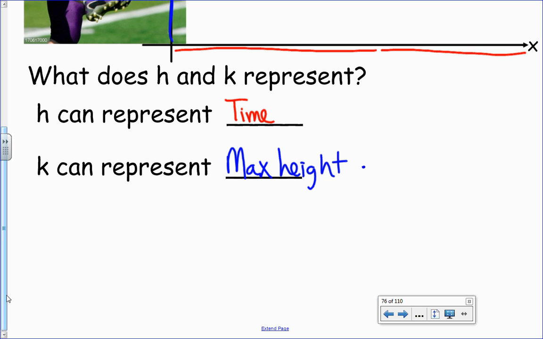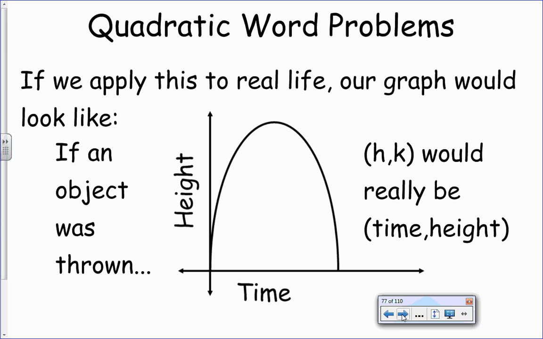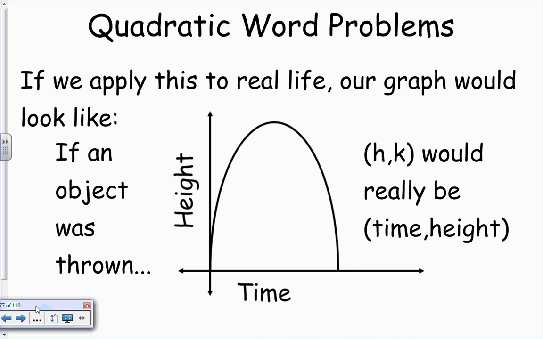All right, so if we look at these quadratic word problems and you look at the notes that I gave you, it says on this first slide, this is a really good slide because it gets into a lot of detail. It says, if we apply this to real life, our graph would look like this. It would be an upside down view, just like that. Okay, because anytime you're going to launch something, kick something, throw something, it's got to go up in the air and come back down.